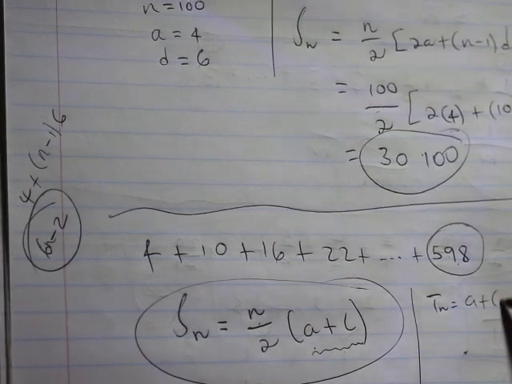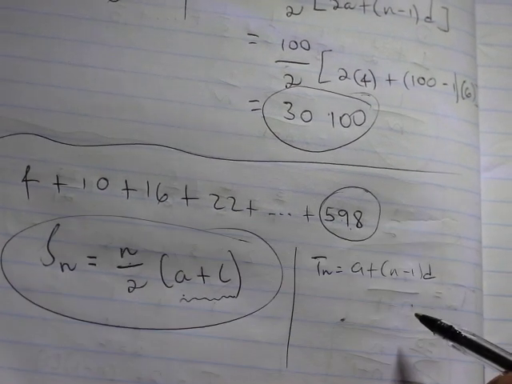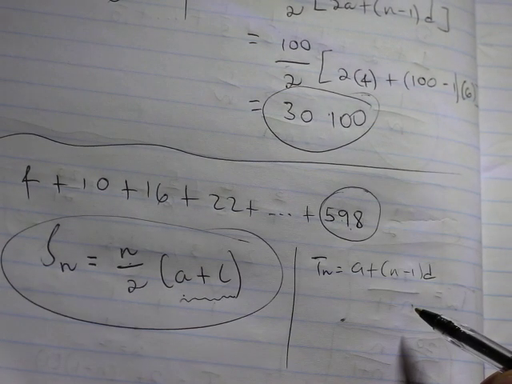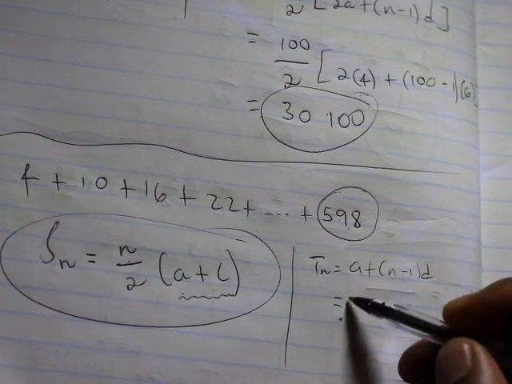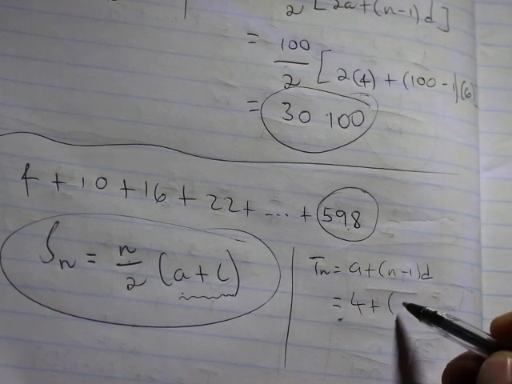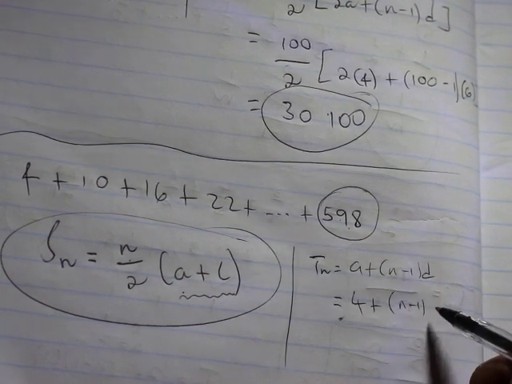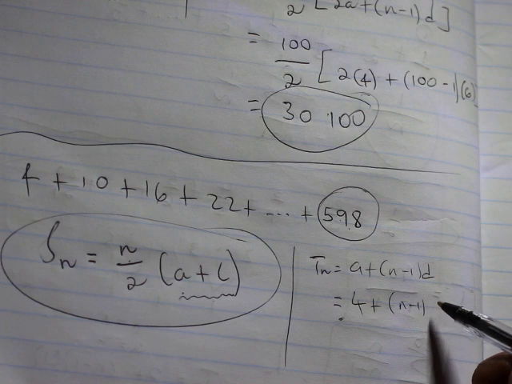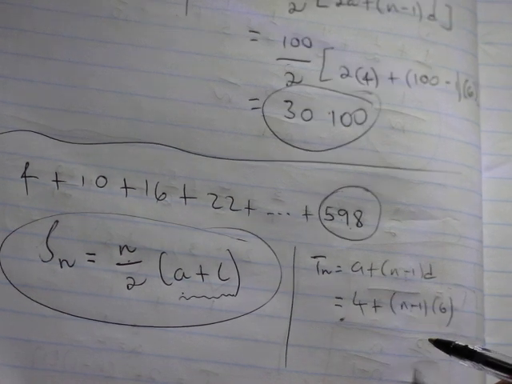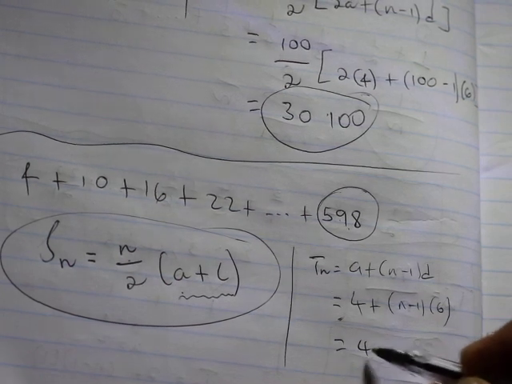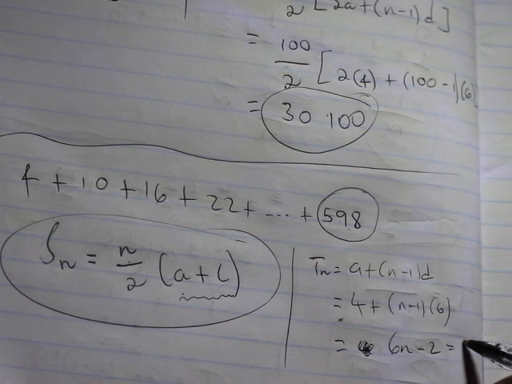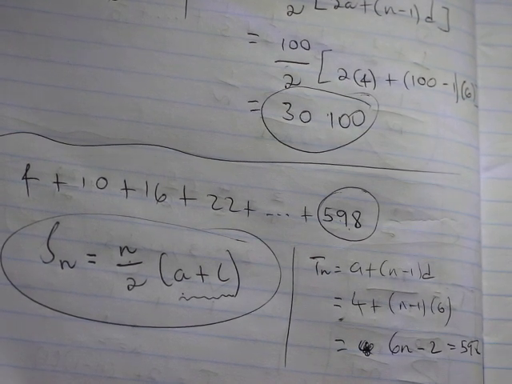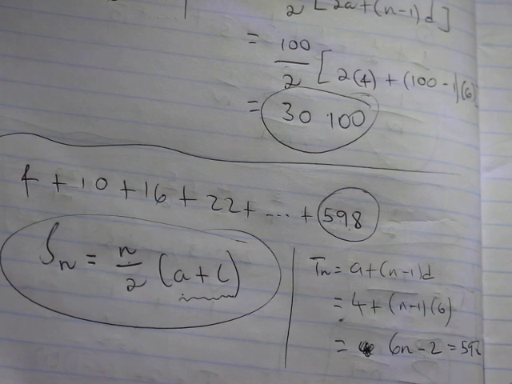So a plus n minus 1 d, and we know the first term is 4 plus n minus 1, and then the d is 6. Our answer becomes 6n minus 2, which equals 598. So n is going to be 100.